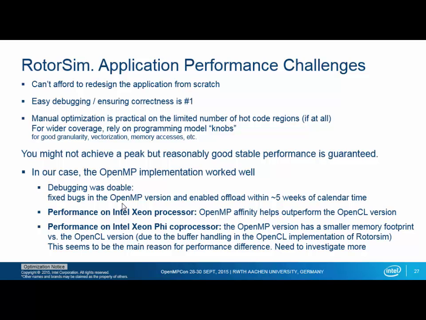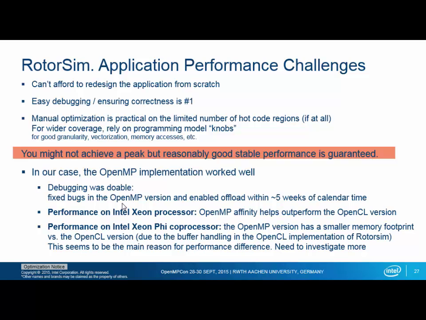In that case, we just applied what we learned during the work on the benchmarks and got reasonable performance for the OpenMP versions. We are sure that we are not getting the best performance with OpenMP, but we got reasonably good performance on Xeon and Xeon Phi. And these are our conclusions for the OpenMP implementation.